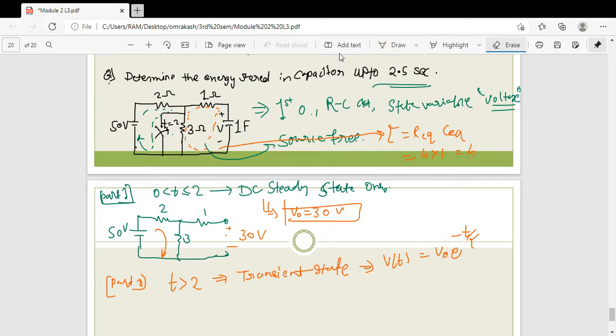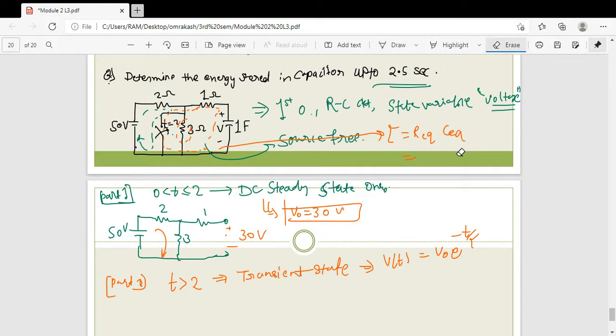Sorry. Actually, when the switch is closed, then in your circuit, this becomes a short circuit. So this is your redundant element, right? No effect in that circuit. So what is the net circuit? It is this. So what is the R equivalent? R equivalent is nothing but your 1 ohm.